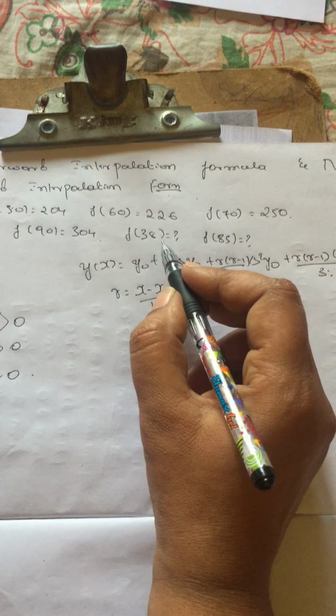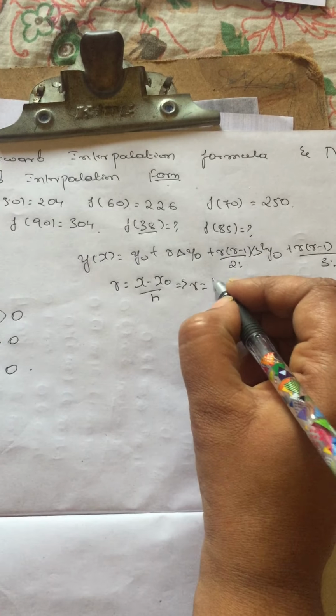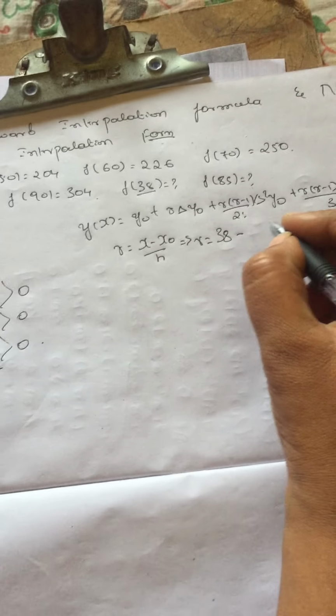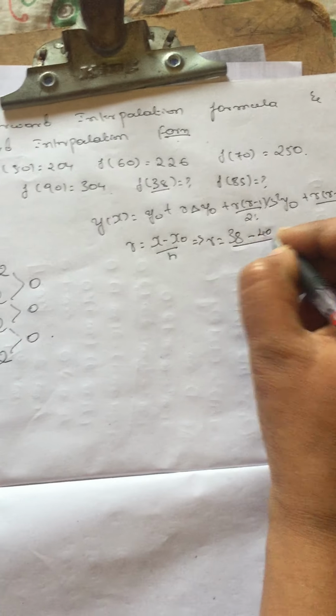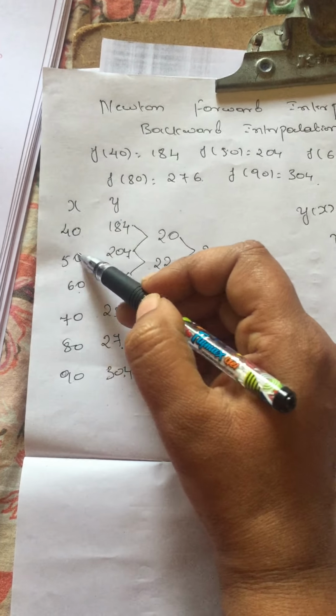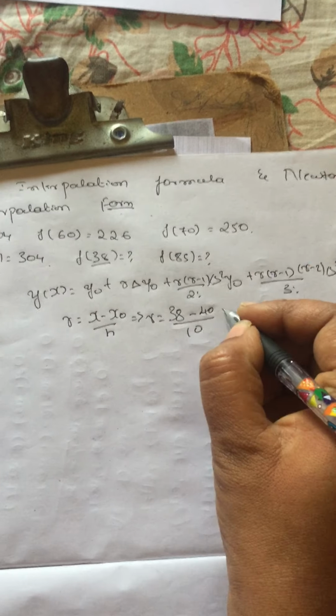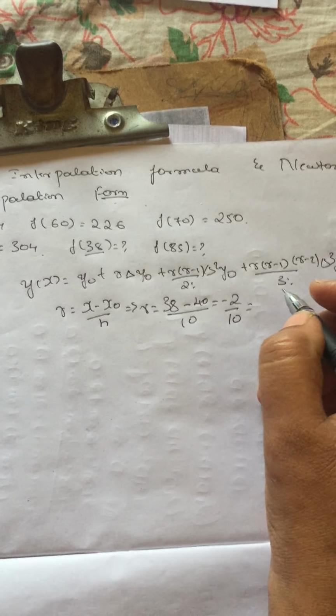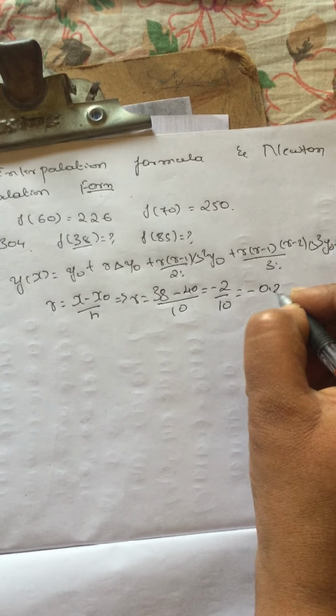Here r is equal to 38 minus x naught value 40, the first value, divided by h. h is 50 minus 40 which is 10, 60 minus 50 is 10, so h value is 10. 38 minus 40 is minus 2 by 10, which is equal to minus 0.2.